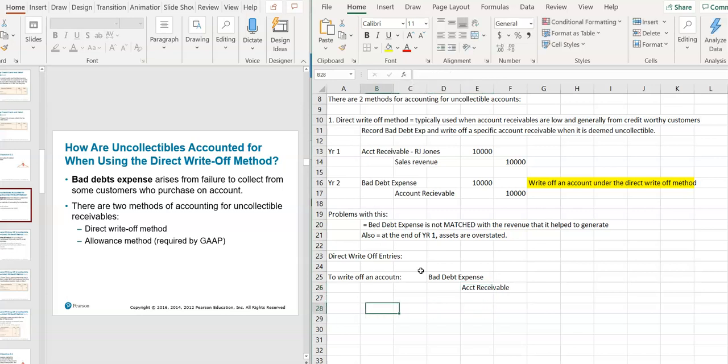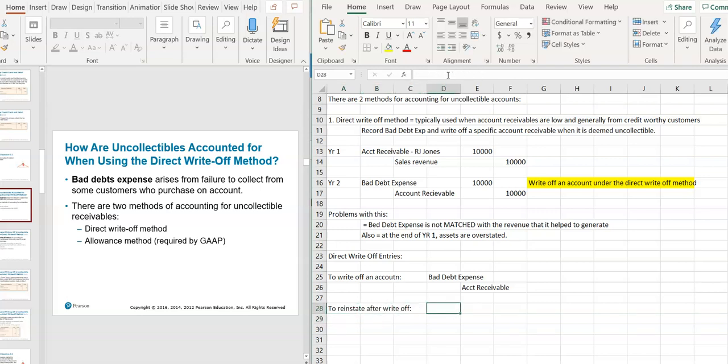Then you might also have, let's say that RJ comes back. RJ shows back up in year 3 and he's made $1 million and he decides to pay me. If he comes back to pay me, I have to reinstate it. So I put reinstate after write-off.